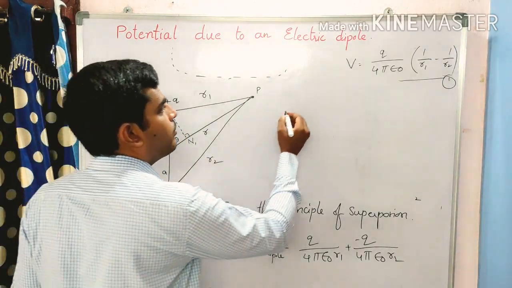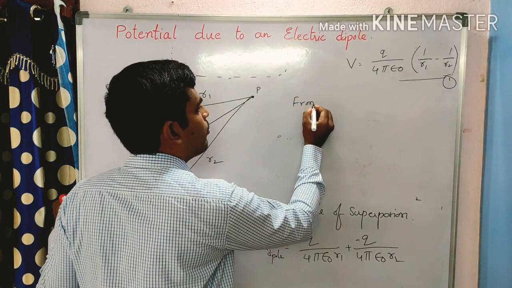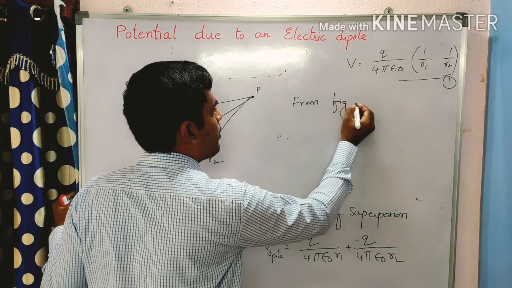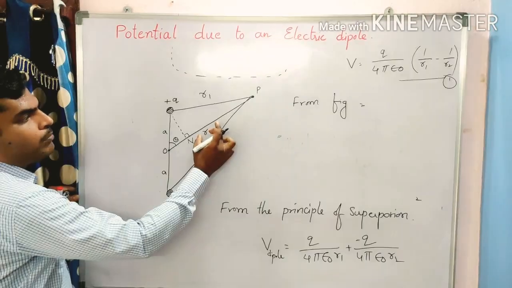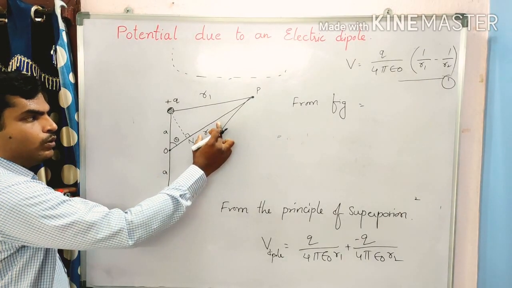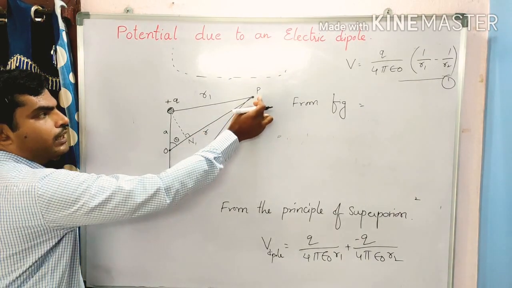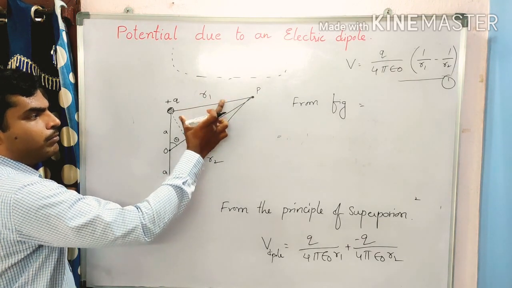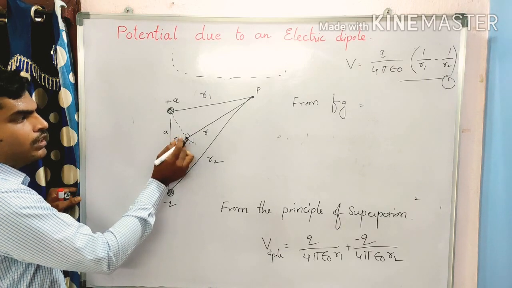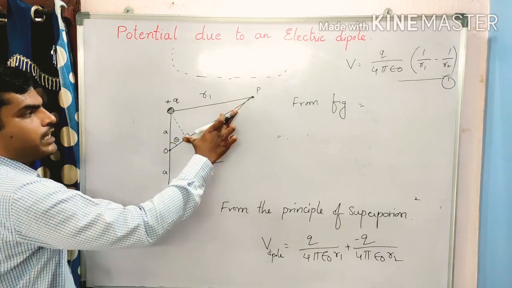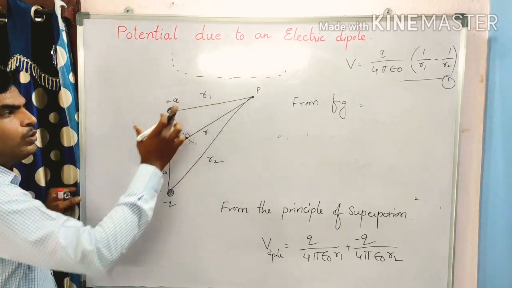Now from the figure, this R1 will become approximately equal to N1P, right? From N1, this is the N1 normal. From here to here, this distance N1P is approximately equal to R1.